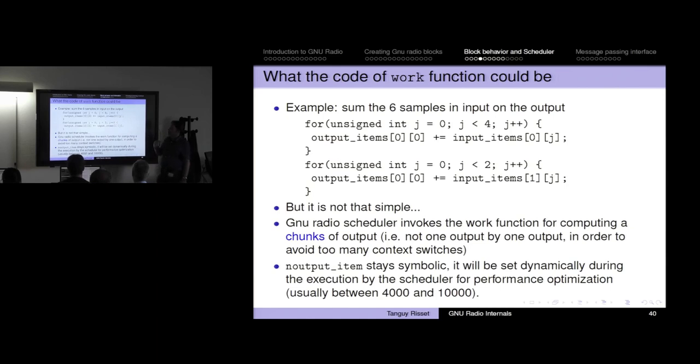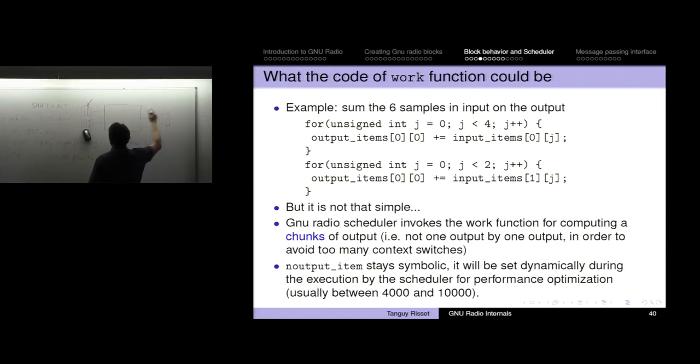But GNU Radio does not work like that. GNU Radio will systematically produce a chunk of output, and this number of outputs is the famous noutput_items. The GNU Radio scheduler invokes the work function for computing a chunk of output. So if you are to produce one sample, you use a certain number of inputs.